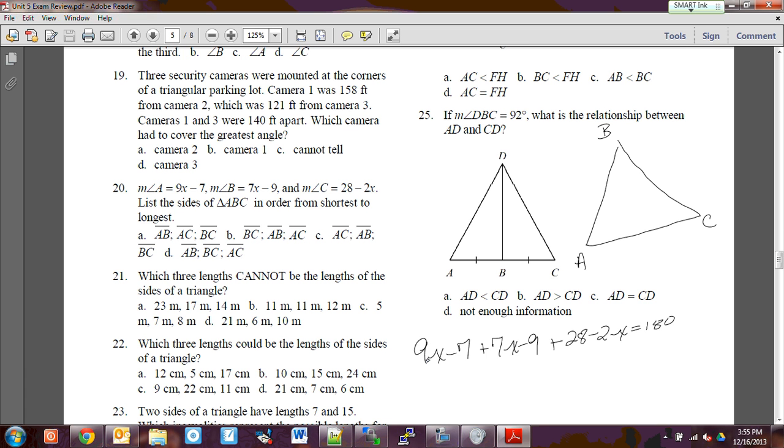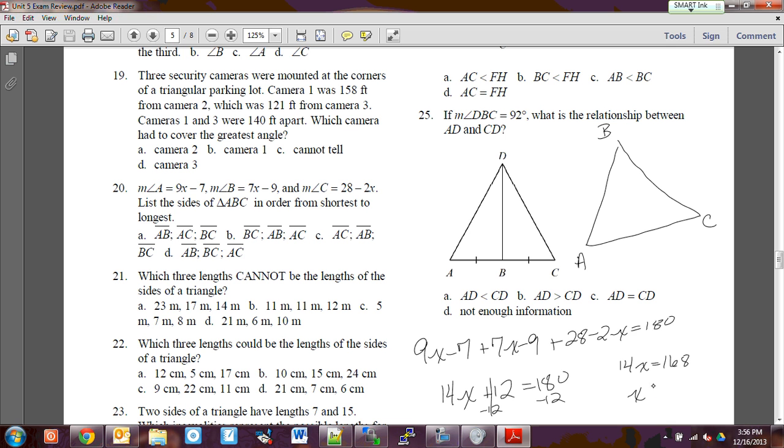So now combine all these. We have 9x and 7x, which is 16x, minus 2x, which is 14x. And then we have negative 7 minus 9, which is negative 16, plus 28, which is a positive 12, equals 180. Subtract the 12 from both sides. So 14x equals 168.